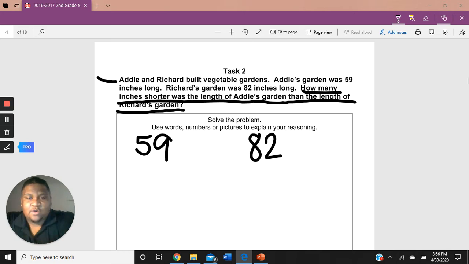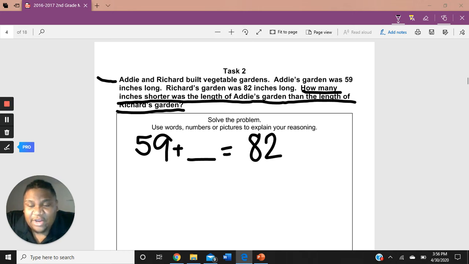All right, so let's think about if we were to find the difference between the two, I can start with 59 and I can add a number to get to 82. That is what we call our adding on strategy.